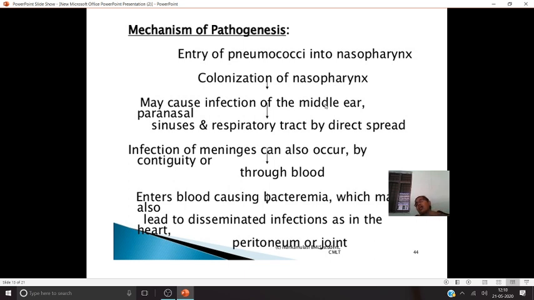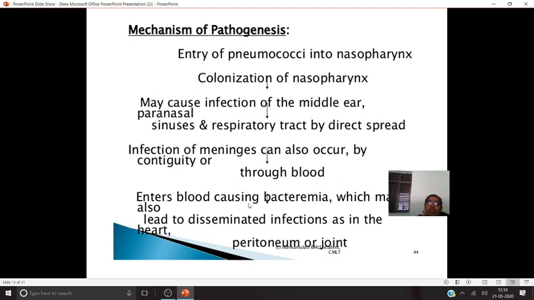Due to this reason, otitis media is very common in children. Not only the middle ear, it goes on to infect the paranasal sinuses and respiratory tract by direct spread, leading to infections. After that, the infection may go through the blood to the meninges, which also leads to meningitis.